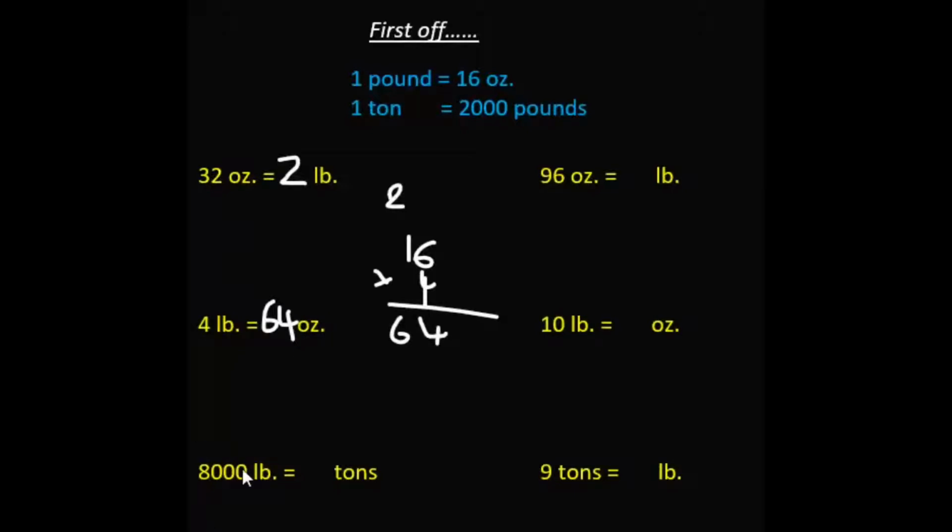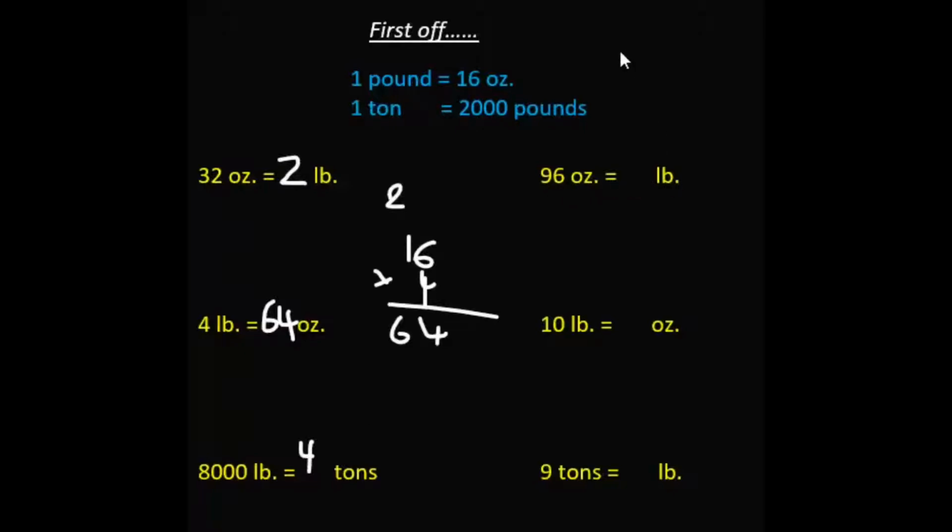Okay. Next we have 8,000 lb equals how many tons? So let's look up here. 2,000 pounds is 1 ton. So that means all we have to do is 8,000 divided by 2. 8,000 divided by 2 is 4. So 8,000 pounds equals 4 tons. Next we have 96 OZ equals how many lbs?